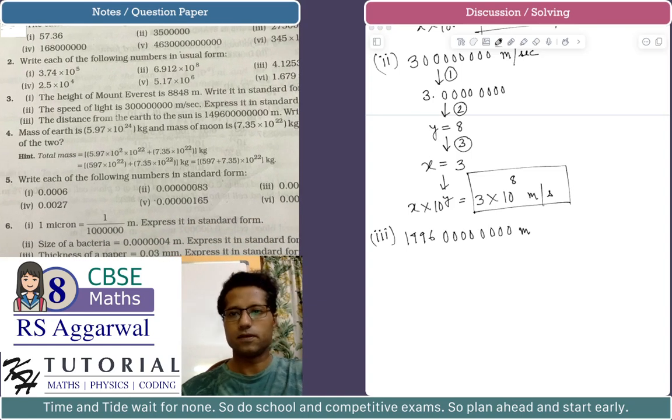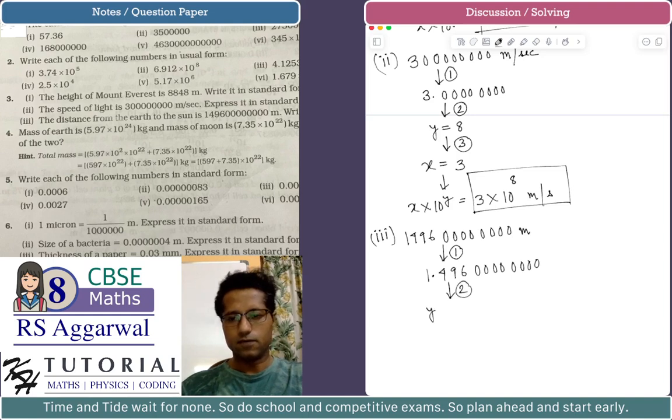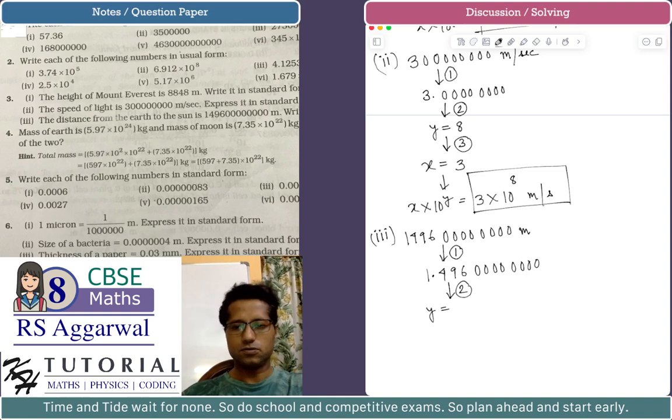Okay, fine. Step 1, put the decimal point after the leftmost digit, that is 1 point. We have the number 1.496 and then 8 zeros. Now step 2, we find y, the number of digits to the right hand side of the decimal point. We have 496, 3 digits, and then after that we have 8 zeros. So this is 11.